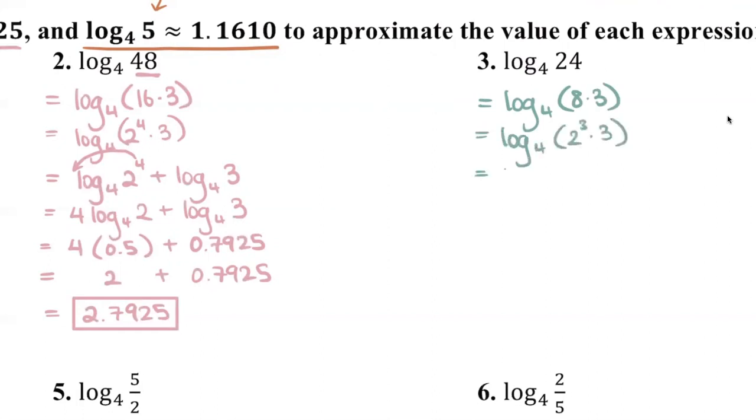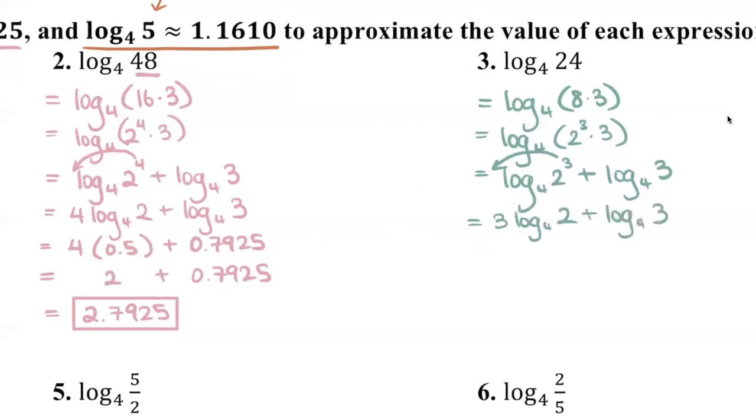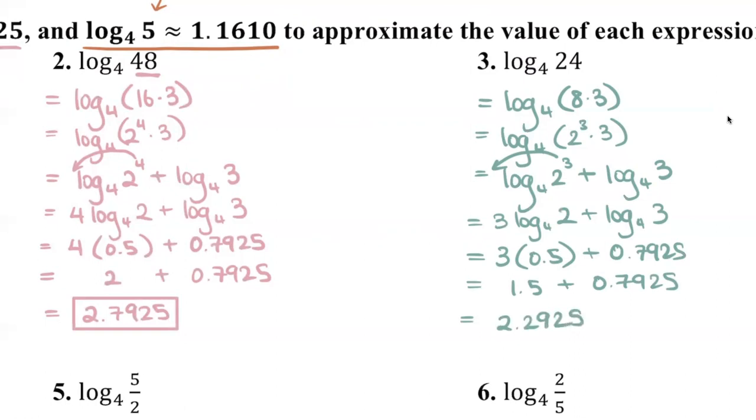All right, so we can split that up by adding and then bring down the 3. All right, so this is very similar to number 2. All right, substitute, and this gets me 1.5. Add that up, and we get 2.2925.